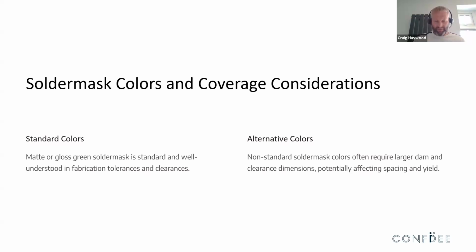Green is the standard. If we can follow green and wherever possible, keep the solder mask clearances, dams, everything should be okay there. Then just bear in mind when you use alternative colours, it could mean a change in the design for you.